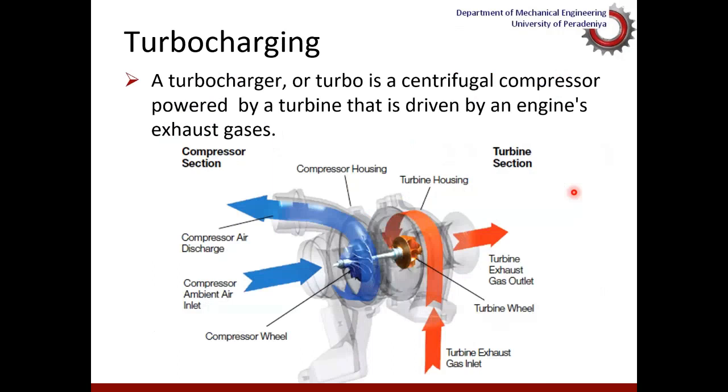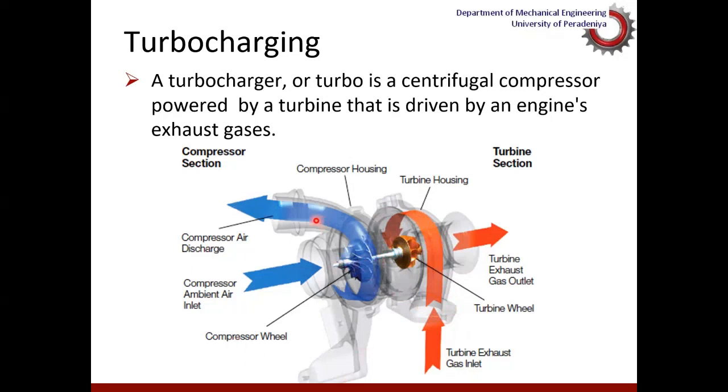On the other hand, turbocharging is more or less, as I mentioned earlier, again the same type of centrifugal compressor, but the compressor is not driven by the engine crankshaft, but by a turbine connected to the exhaust system. So the exhaust gas temperature and pressure provide the necessary energy to turn the turbine, and the turbine is directly coupled to the compressor.